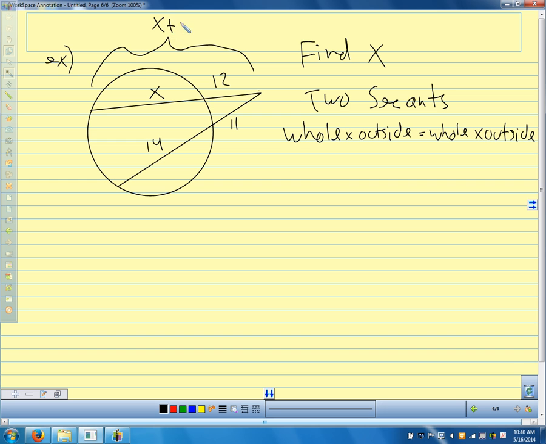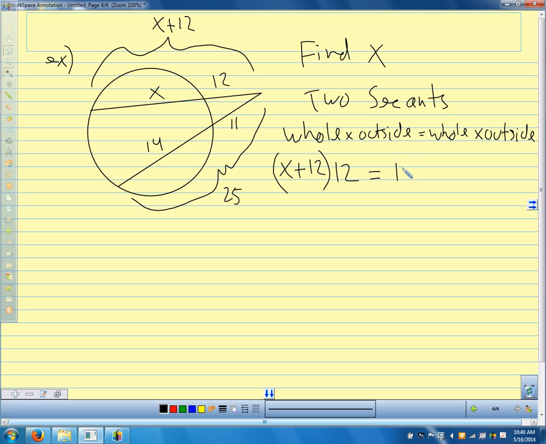X plus 12. So X plus 12, and I'm multiplying that, so I'm going to put parentheses, times the outside part, times on this piece. So the whole piece is X plus 12, the outside part is 12. And on the other piece, what's the length of this whole piece? 25. 14 plus 11, 25.